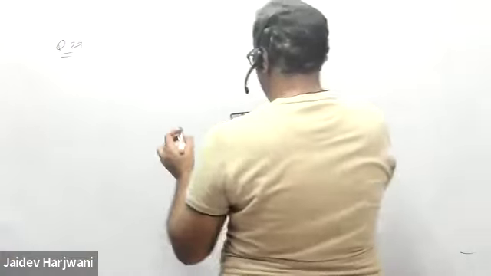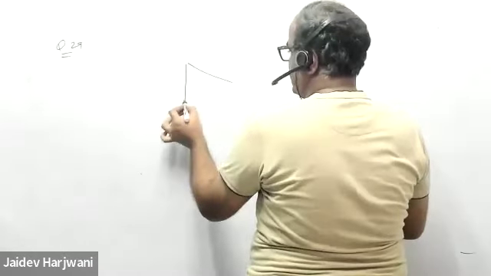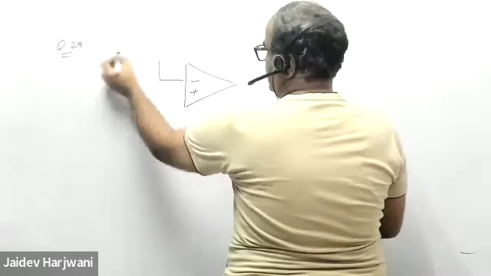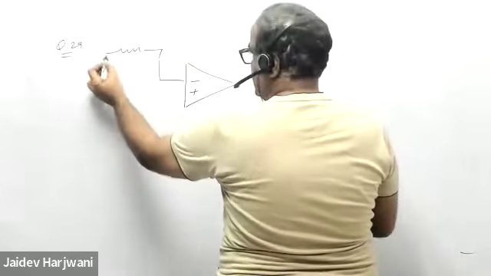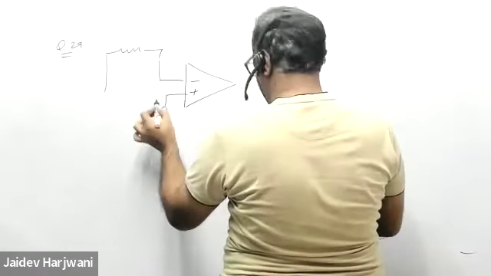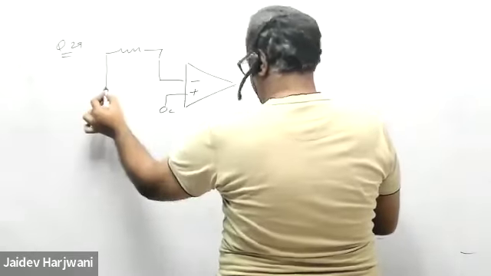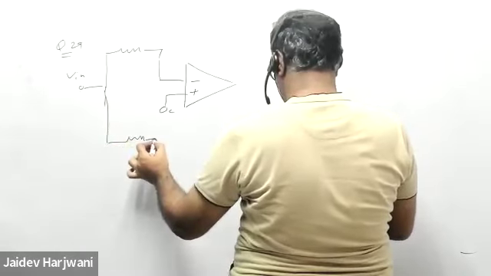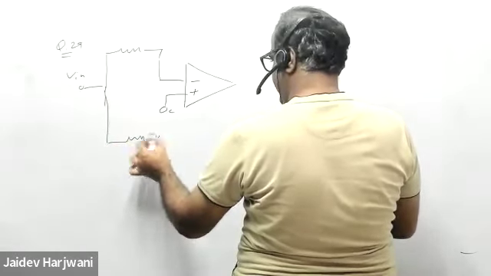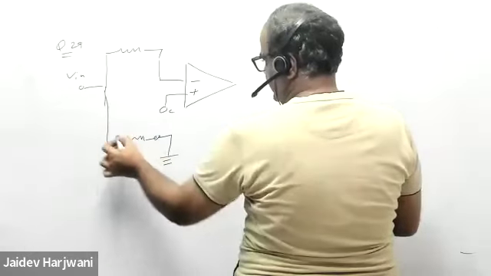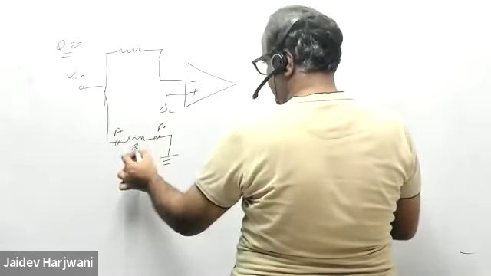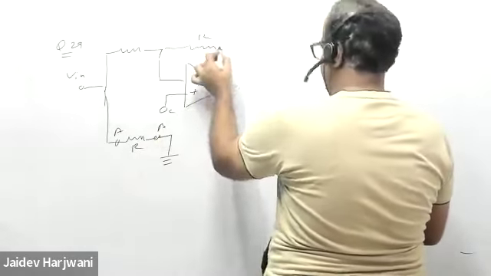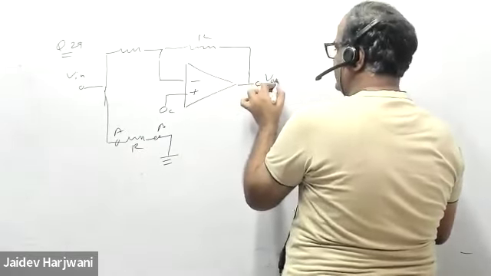So we have an op-amp, with minus and plus terminals. You have R, and then you have this C. This is your input, connected here to A, R, and point B. Here you have an R also, and this is your V output.